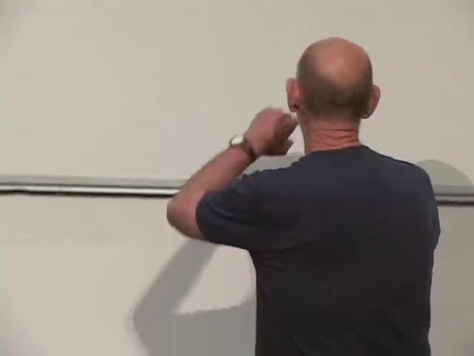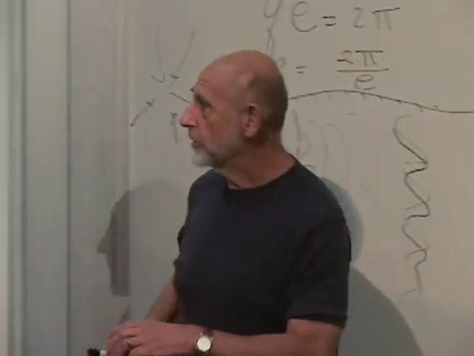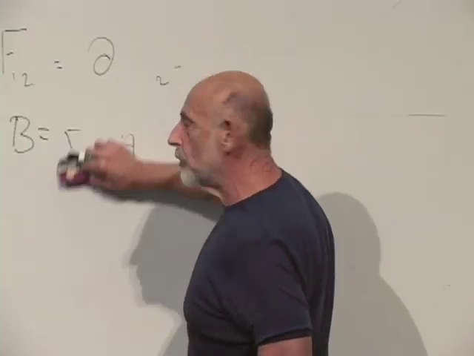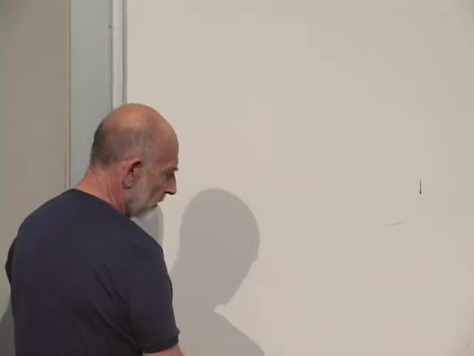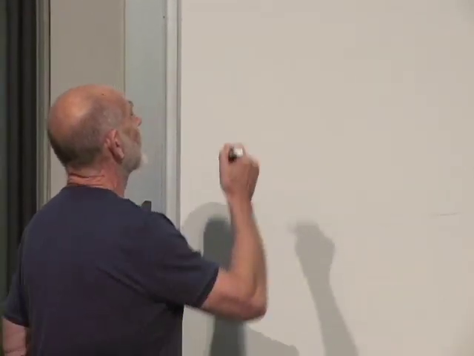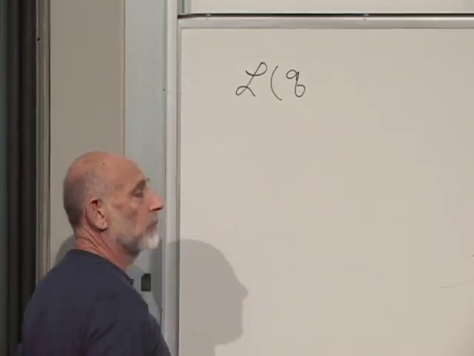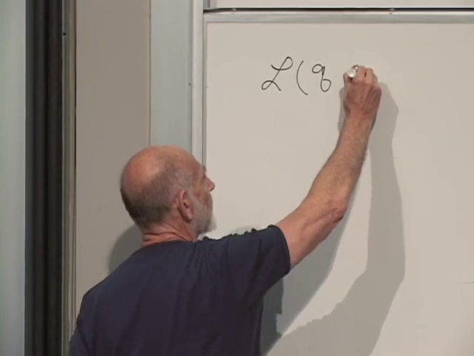Okay, supposing we have a Lagrangian. Let's see how much you remember. We have a Lagrangian, and it depends on a bunch of coordinates, and I'll call the coordinates q's. What does the Lagrangian depend on? The Lagrangian depends on the q's, and what else? The q dots, the time derivatives.